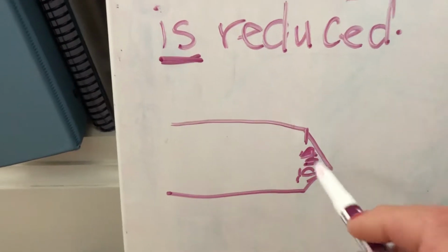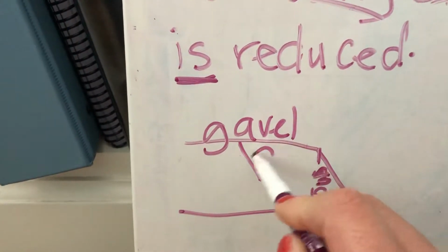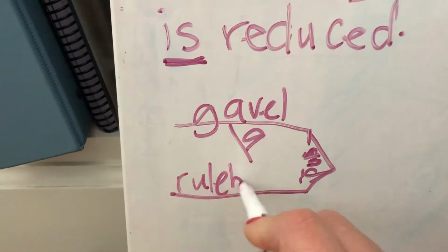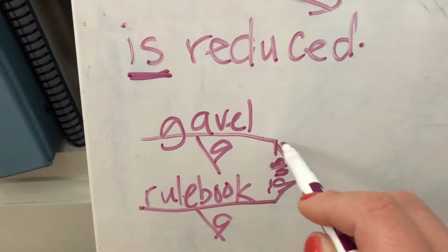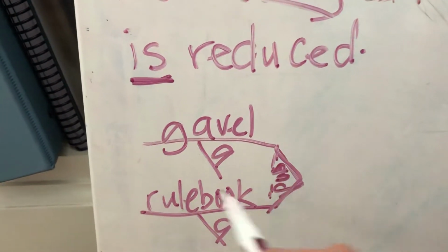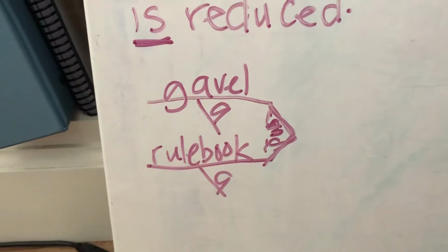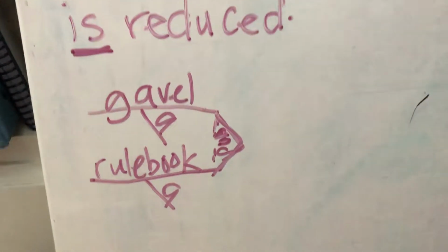So we have the gavel, and there's our little article, and rulebook. So this is another conjunction here, and it's putting these two nouns together and making it plural. A gavel and a rulebook. Okay, a goose and a gander, whatever. It's going to make more than one thing there.